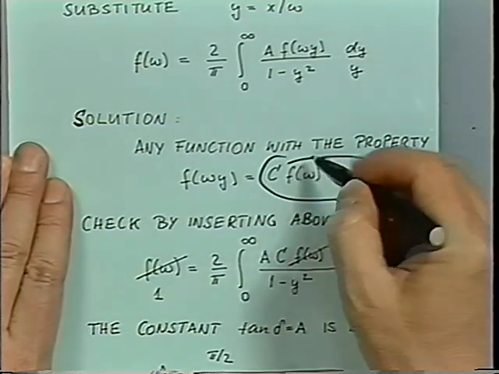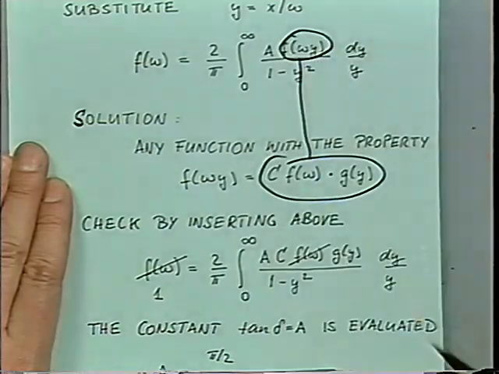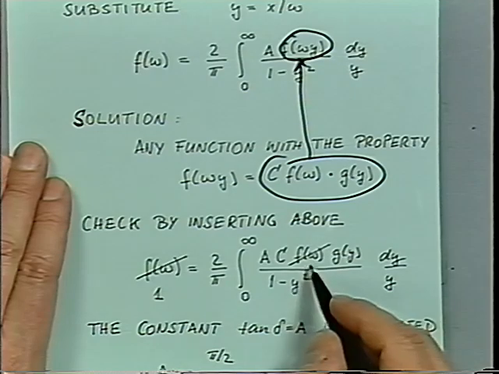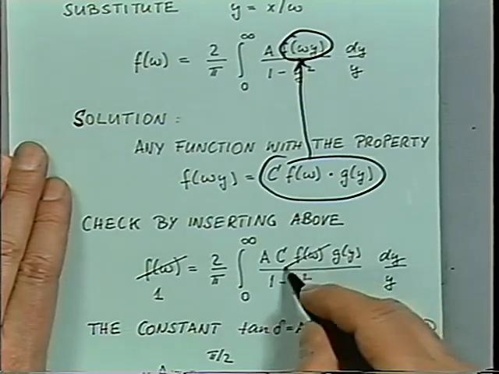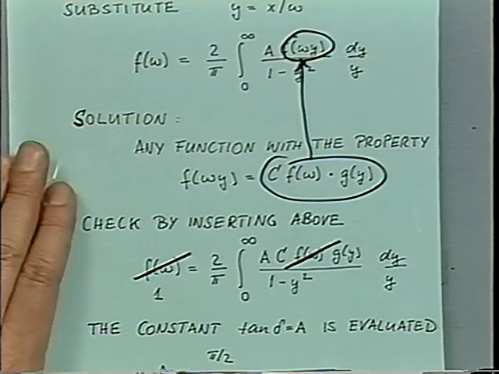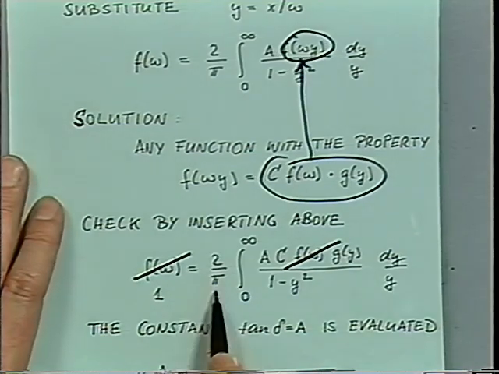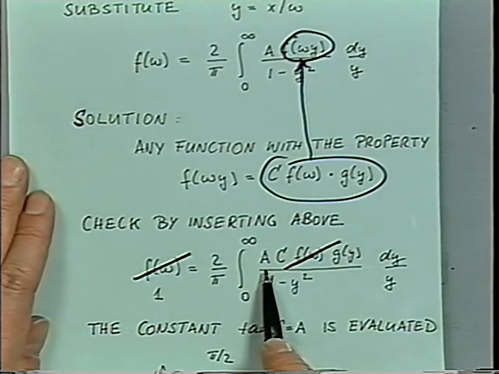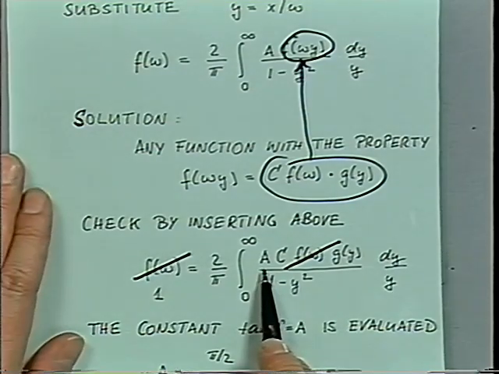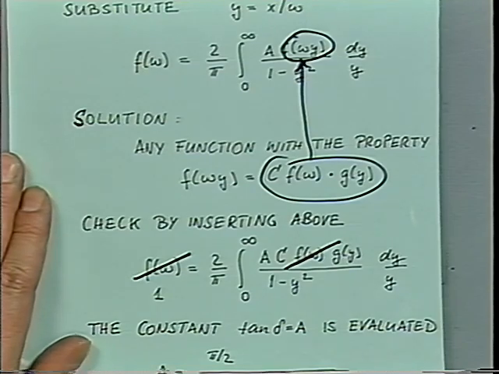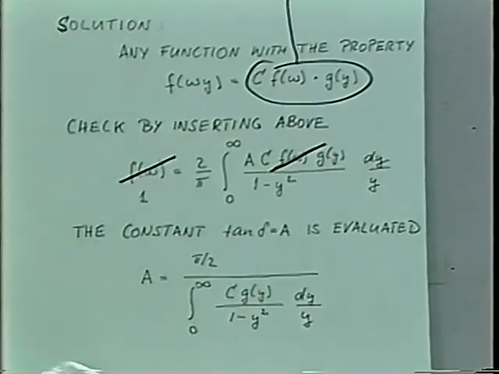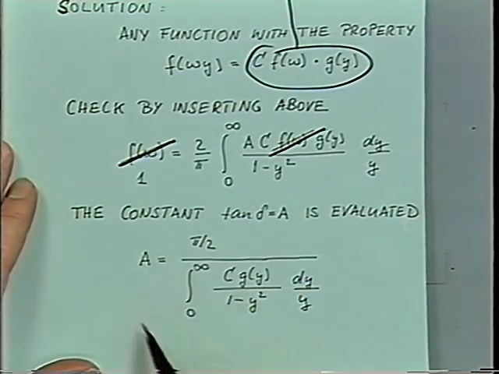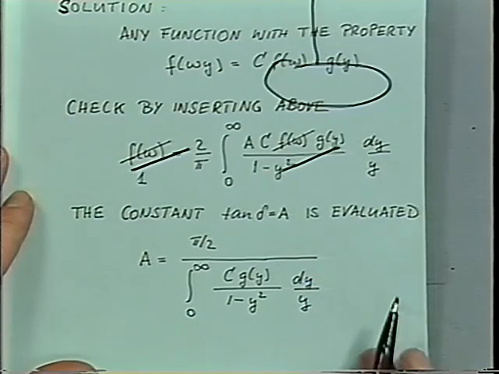We are introducing this function in this integral up here, and find then here f of omega canceling with this f of omega, so this will be 1 equals to some number containing a. Right? And a was our tan delta. This was just the material-specific value. So we can evaluate, in this case, tan delta, and a is given now by this condition.